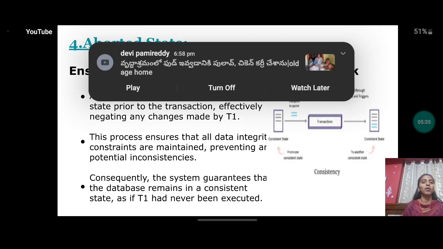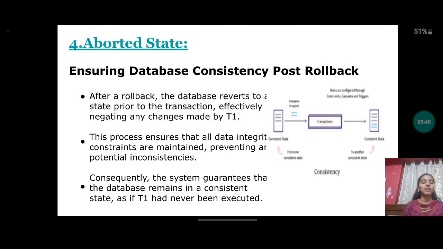Going to the fourth, the aborted state, ensuring database consistency post rollback. In the aborted state, the transaction T1 is either completely aborted or returns to the beginning state. After a rollback, the database reverts to a state prior to the transaction, effectively negating any changes made by T1.